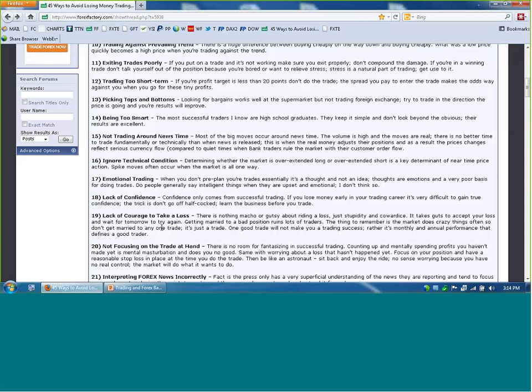Last but not least, of the ones I'm going to cover today, is not focusing on the trade at hand. What's happening here is the retail trader puts on the trade, and he gets lost in the trade. It starts to work a little bit, and now his attention is, he's already looking at the pamphlets for the second home he's going to buy on the Isle of Wight.